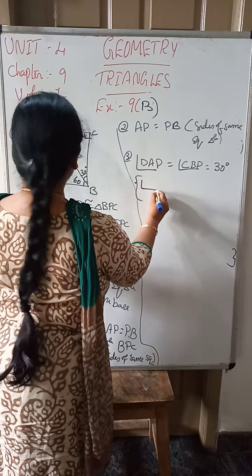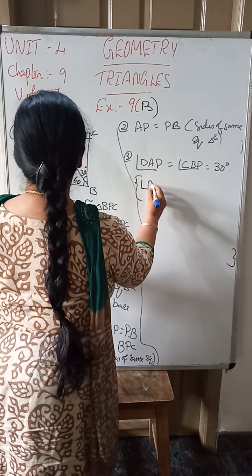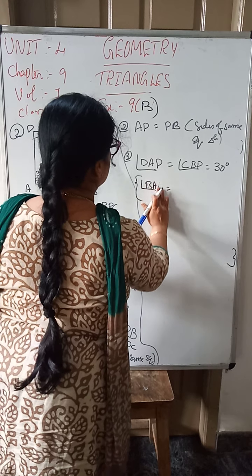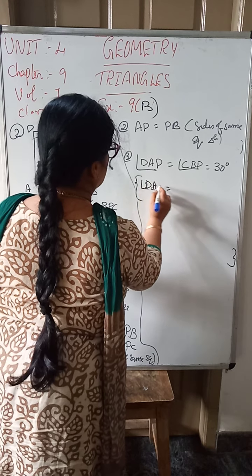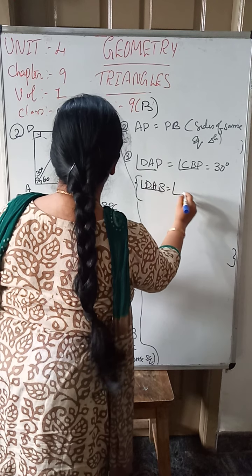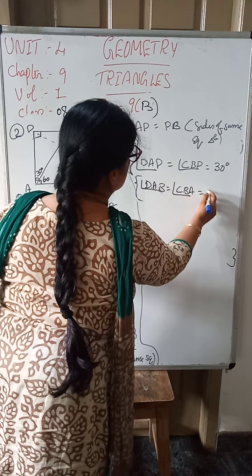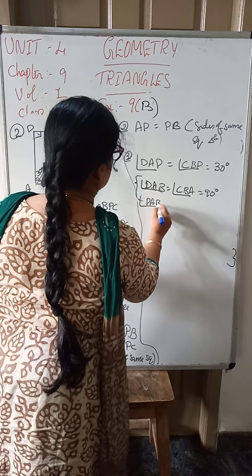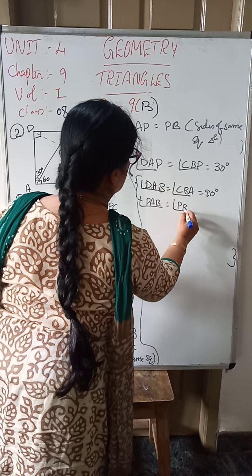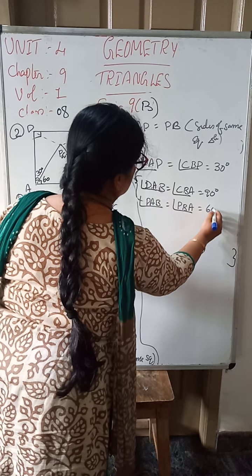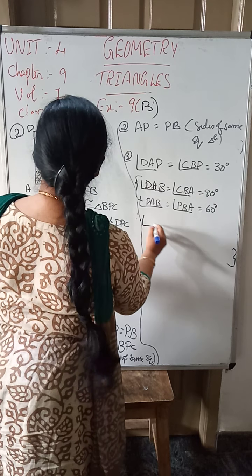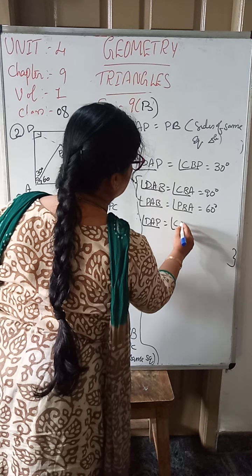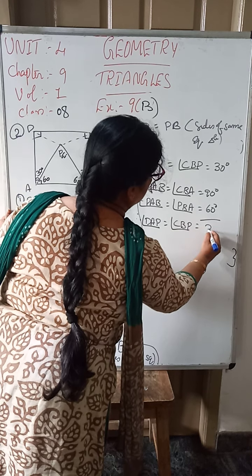Now let me give in the bracket the same thing. So angle DAB is equal to angle CBA is equal to 90 degree. Angle PAB is equal to angle PBA is equal to 60 degree. Therefore, angle DAP is equal to angle CBP is equal to 30 degree.